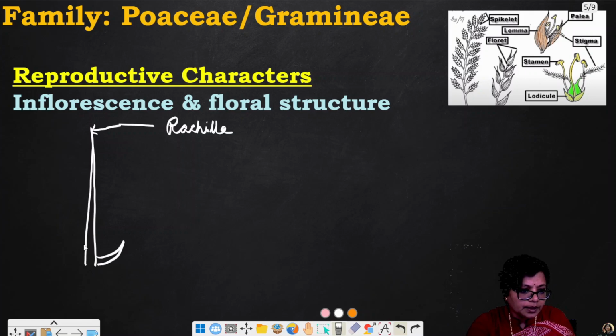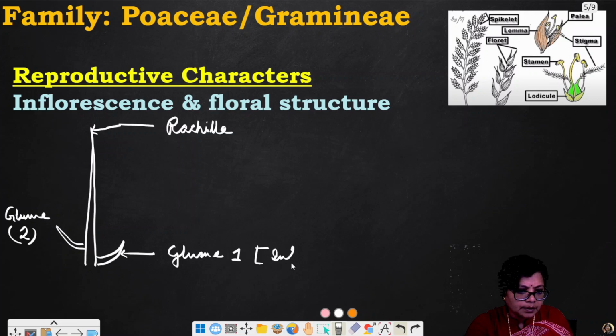Two infertile bracts develop, named glume 1 and glume 2. Both are infertile, means they do not bear any floret in their axil. They are modified bracts.